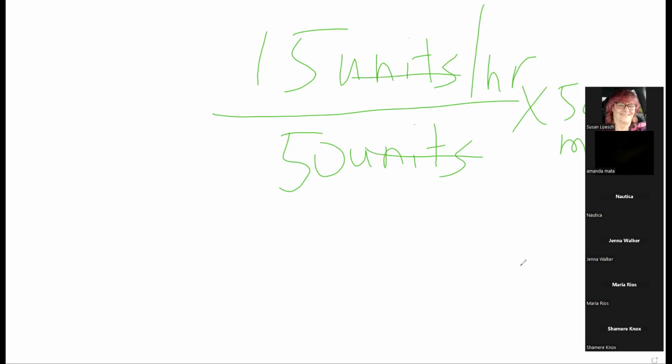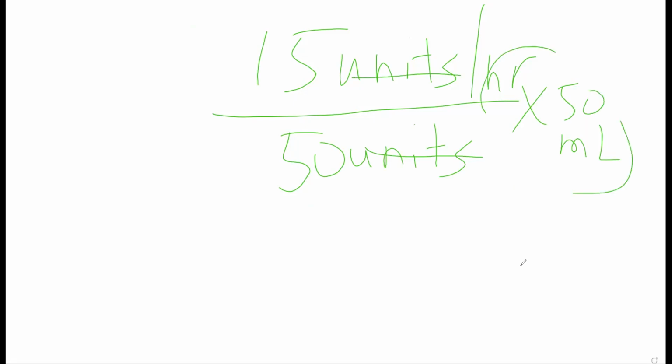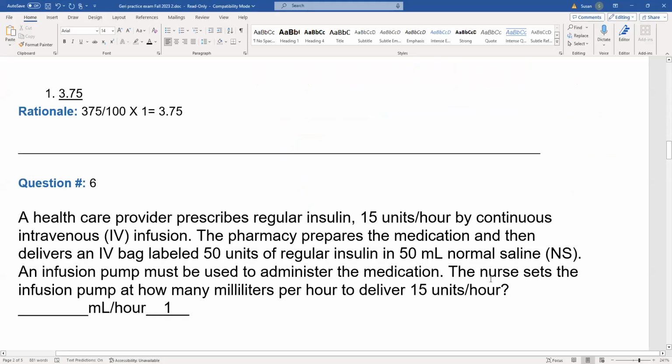Okay, units cross out, you're left with mLs per hour. 15 divided by 50 times 50 is going to be 15, right? It looked like a really hard question, but it's a really simple question. If you know what the question's asking you, that's the most important key.